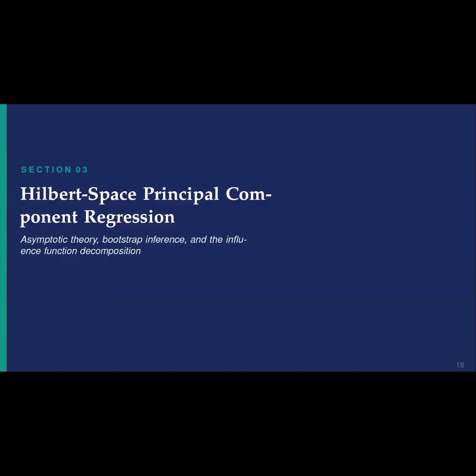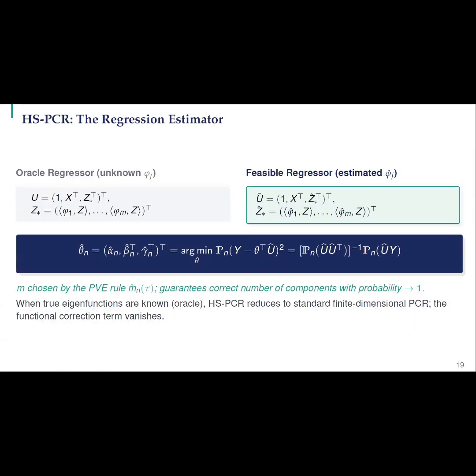Okay, so I'm going to have to move a little bit here. The oracle regressor is where we know the principal components, and we have a feasible regressor. Our idea now is to use the principal components to control the variance and then use those in our regression model. A question you might ask is, but does that guarantee variance control in Y?